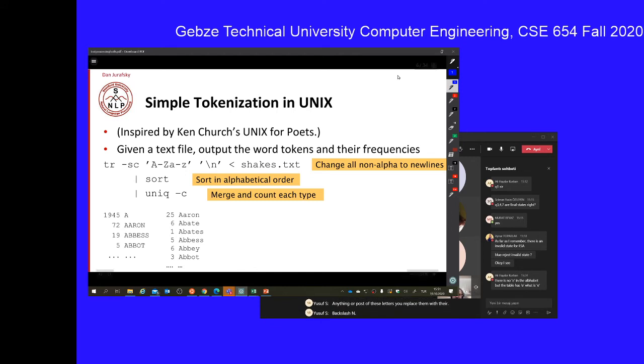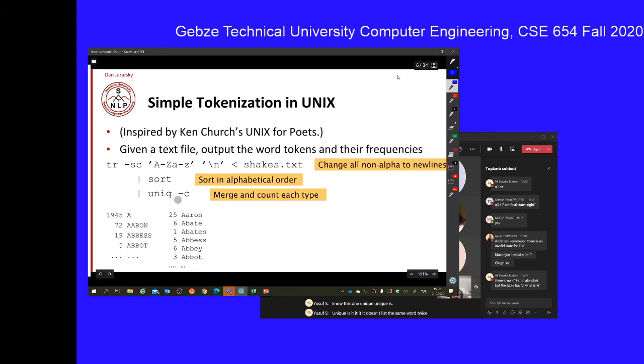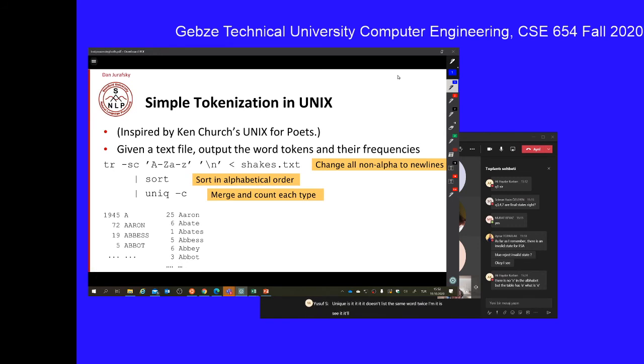And as an input, I am going to give you Shakespeare.txt. Then after that, each word is going to be sorted. Then you know this one, uniq. Uniq doesn't list the same word twice, and with the -c it will give you the count.